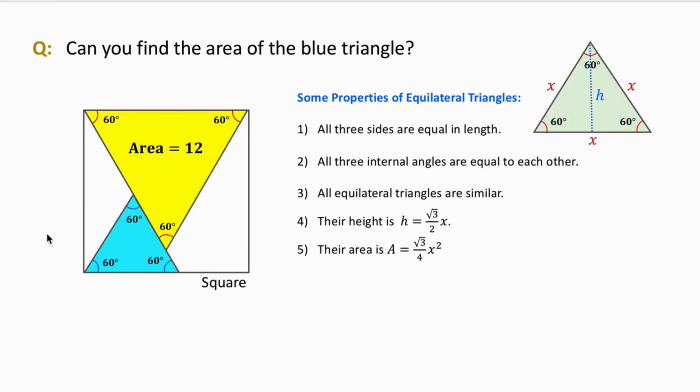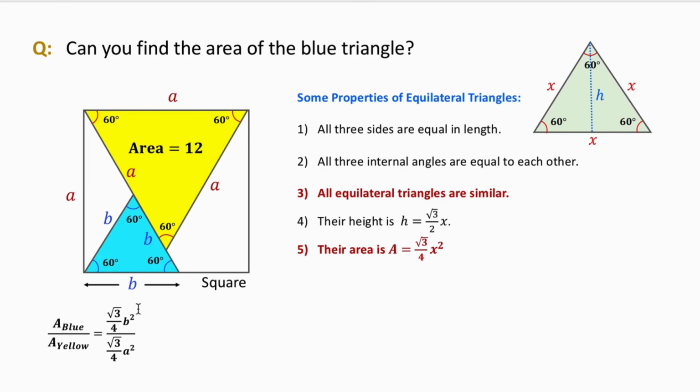To start, let's label the side of this square by A. Since the length of this yellow triangle at the base is A, the lengths of the other two sides are also A. And we label the side lengths of the blue triangle by B. Since all equilateral triangles are similar, as we mentioned here, and their areas are calculated by square root of 3 times the square of their side divided by 4, then we can say that the ratio of the areas of the blue and the yellow triangles equals the ratio of their corresponding area expressions.